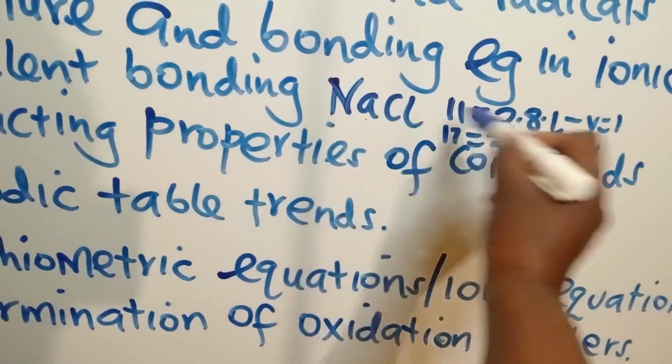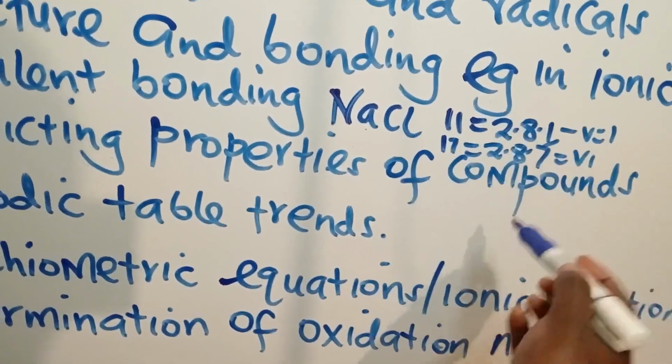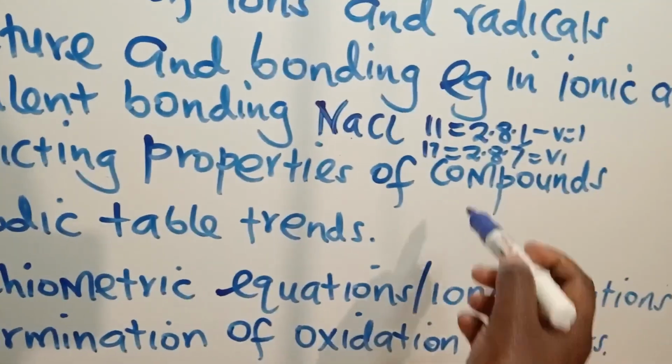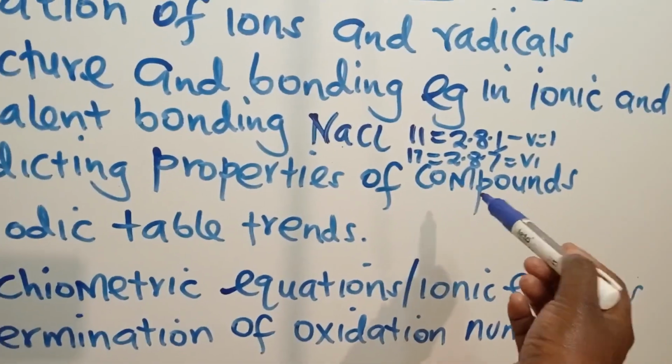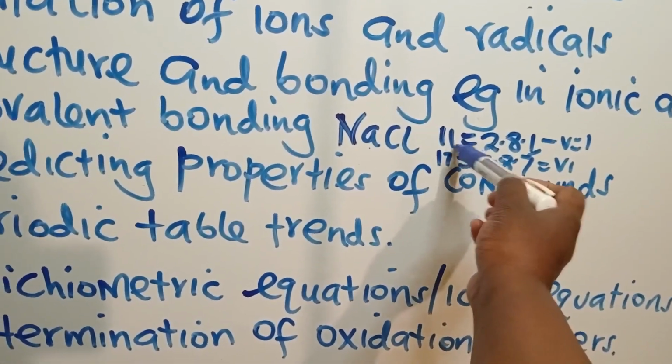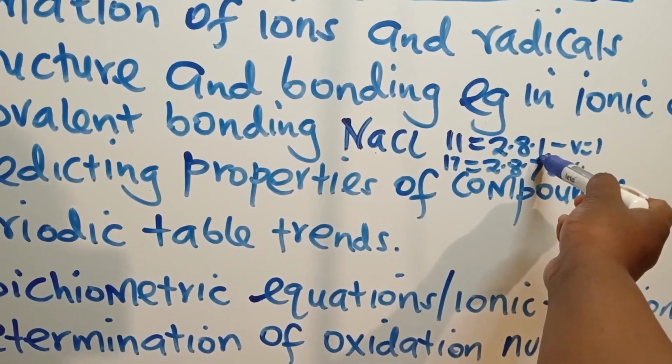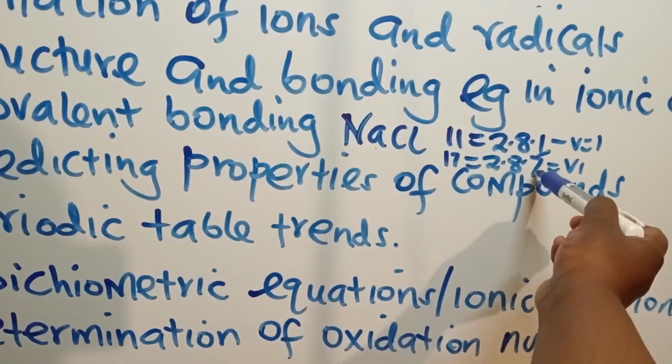So when you're writing, you want to determine the kind of bonding that they have. It is already ionic because when you look at sodium, it is required to lose 1, and this is the one that chlorine requires.